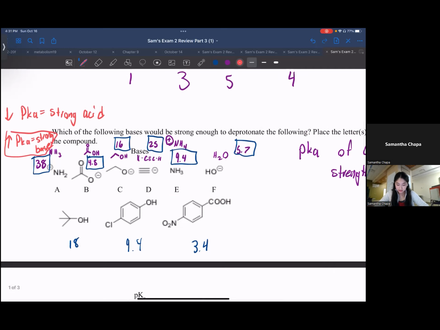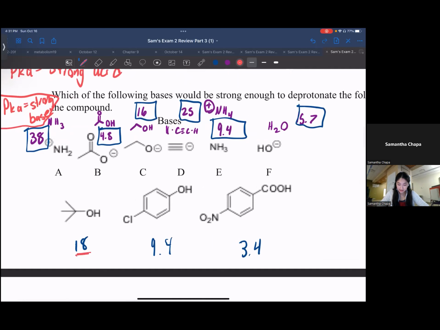Okay, so then any pKa higher than 18 is going to be able to deprotonate this group right here. So now let me just look through them. 38 is way higher, so A is one of them that can deprotonate. 4.8 is not higher, 16 is not higher, 25 is higher, so D is another base that can deprotonate this group right here. And I think those are the only ones. Yeah, we're good with those.